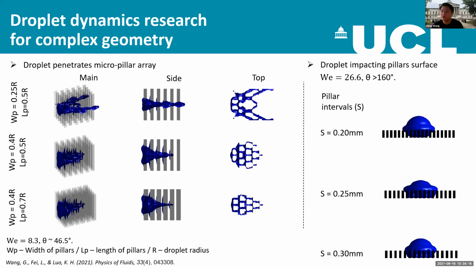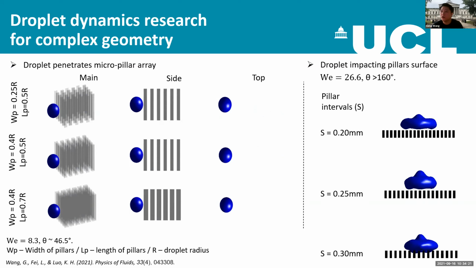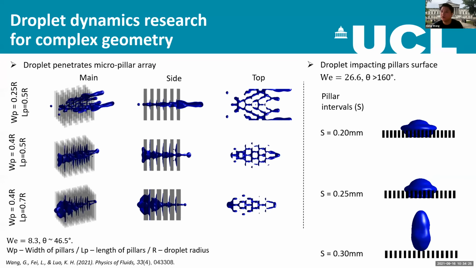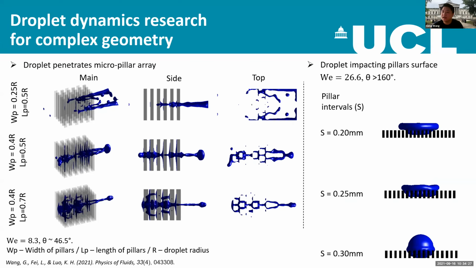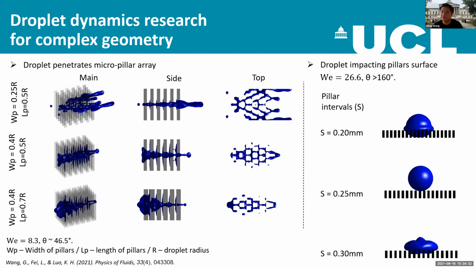Another work is also conducted by using the non-orthogonal MRT ULBM. It simulates a water droplet penetrating a micro-parallel array. Three selected cases with various parallel geometries are shown in the red figure.